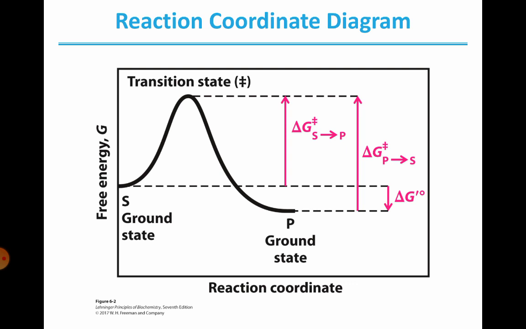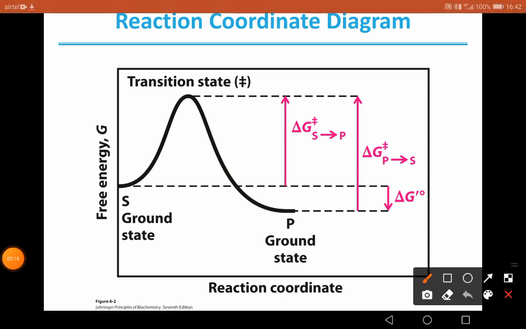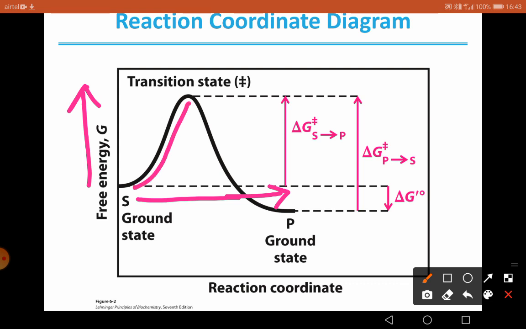Yeah, this is a reaction. So this is a diagram that shows us how a substrate gets converted to product, and we can see there is a transition in the energy. So the free energy of the substrate increases.